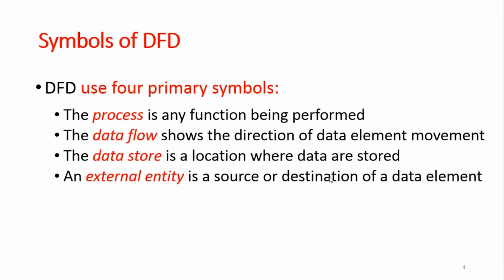So the name of the process should justify that particular functionality. For example, in an ATM system, the process can be verify password or PIN verification. Those kinds of things we can represent as process inside the circle.